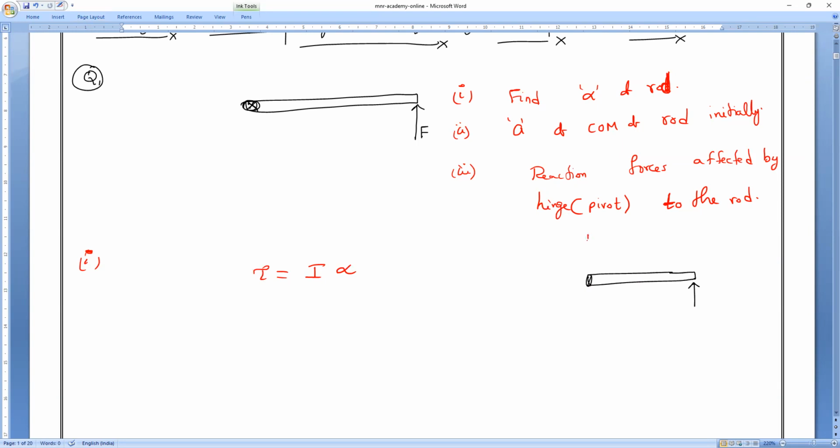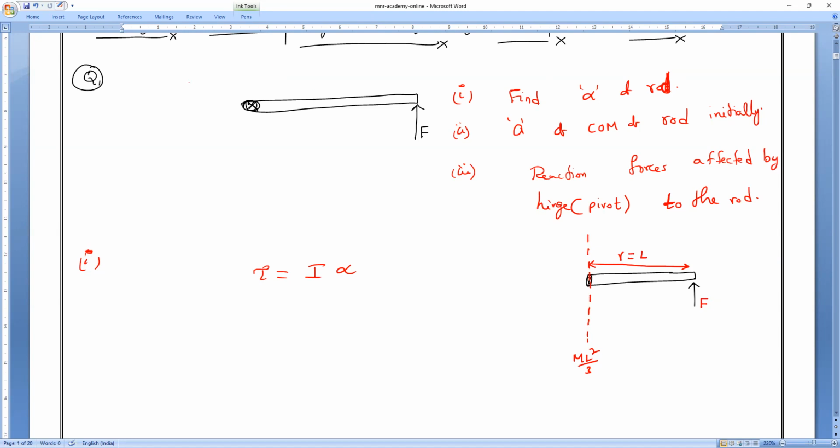What is the moment of inertia about the pivoted point at the edge? ML square by 3. And what is this distance R? R is equal to L. And the applied force is F. The rod has mass M and length L.